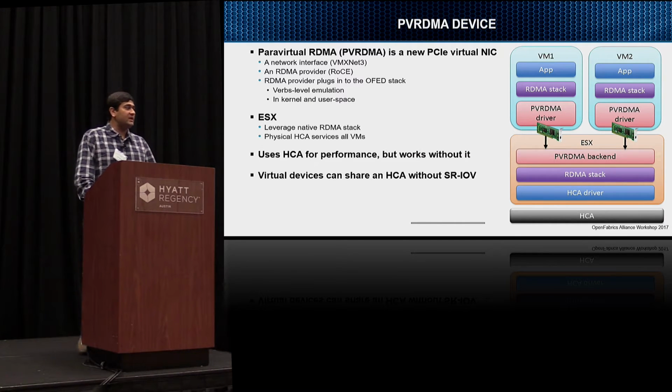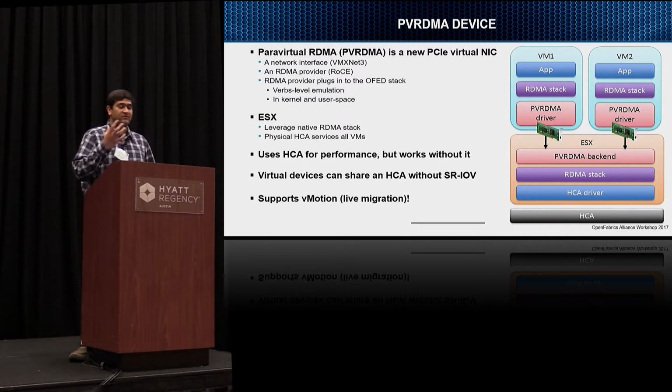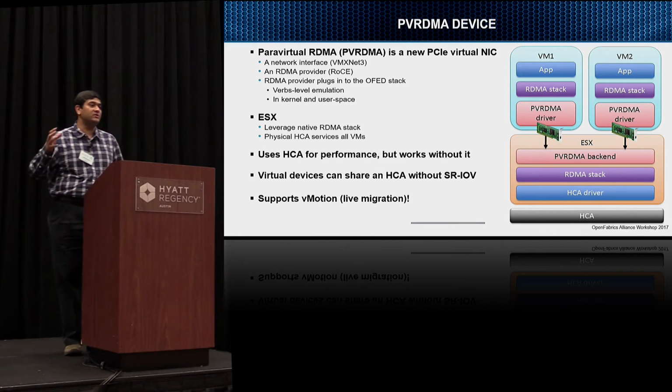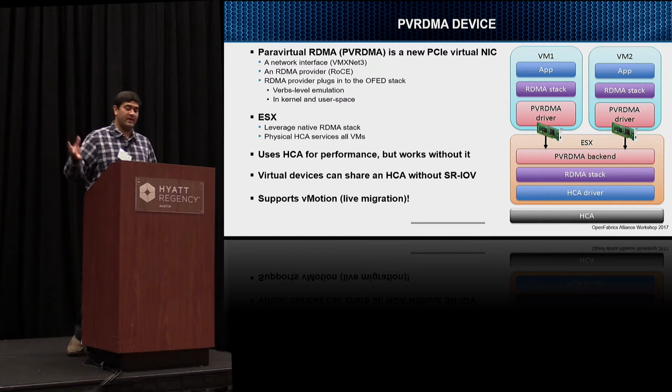In this sense, we can share the single HCA with different virtual machines without having SR-IOV support or anything like that in the physical HCA. And of course, the main motivation for a paravirtual device is to support VM migration, or vMotion as we call it internally, so that you can vMotion a VM to a different host and let your RDMA application continue to run or resume at that point.